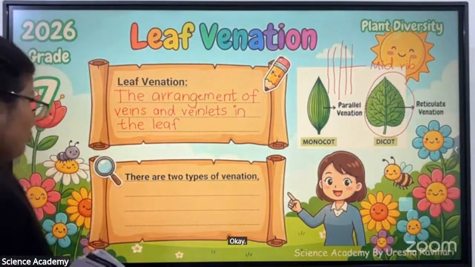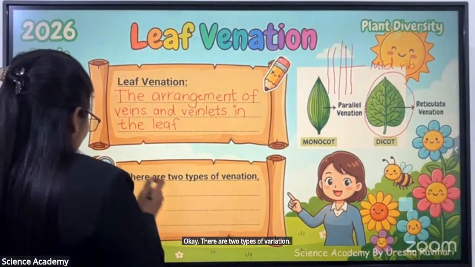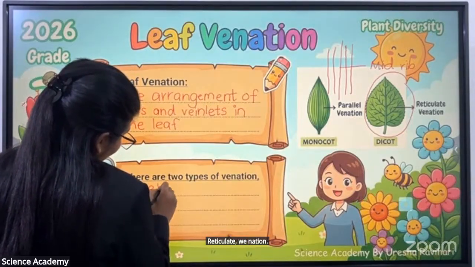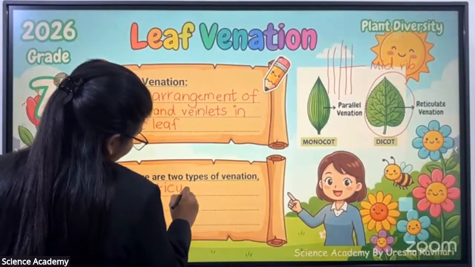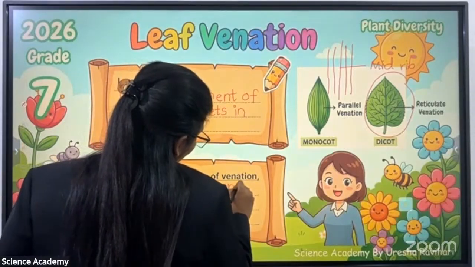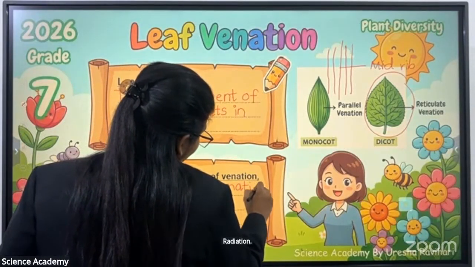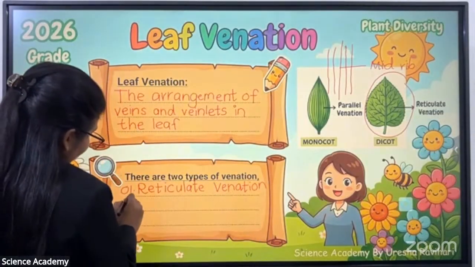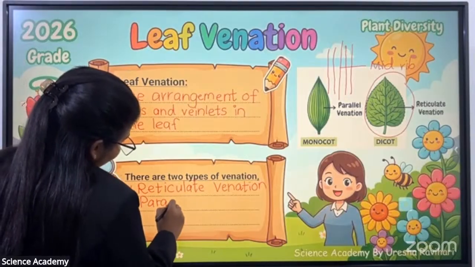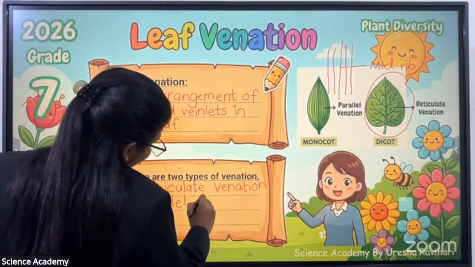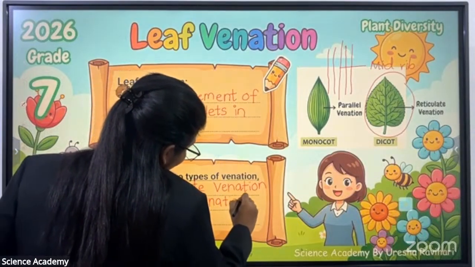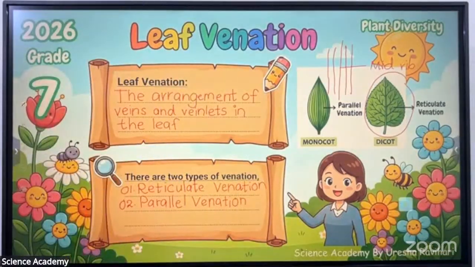There are two types of venation here. First one is reticulate venation. Second one, parallel venation. Okay, now quickly write it.